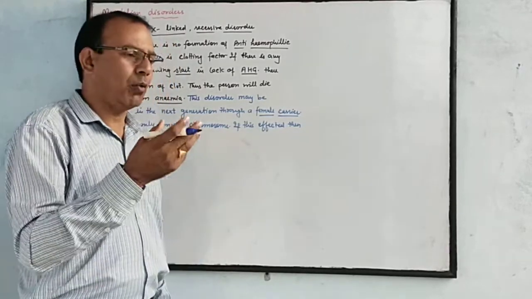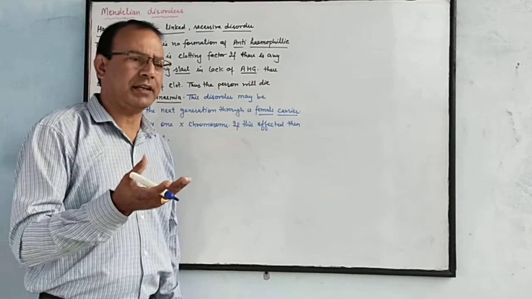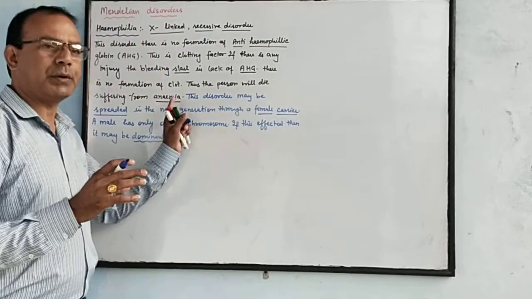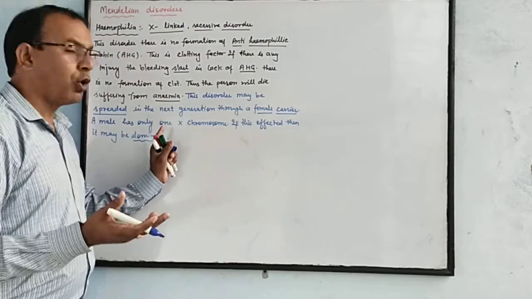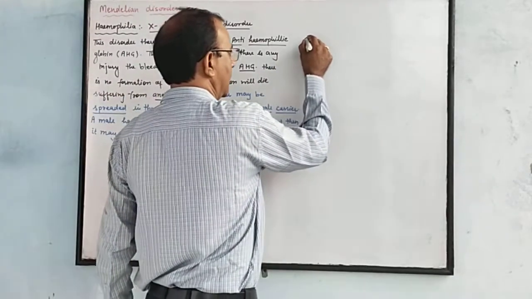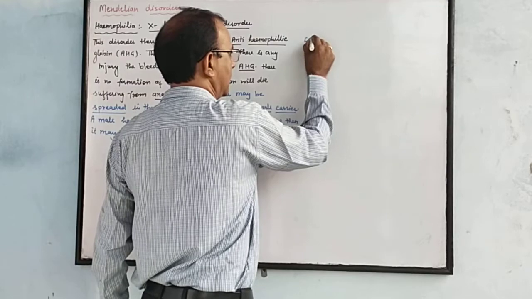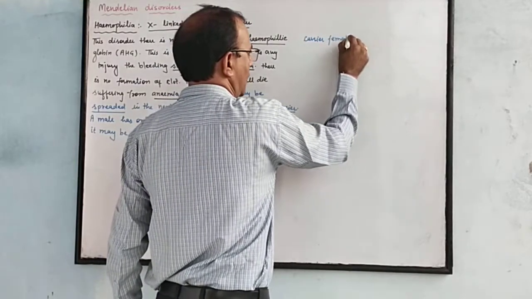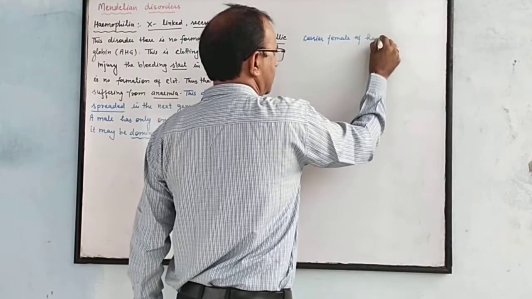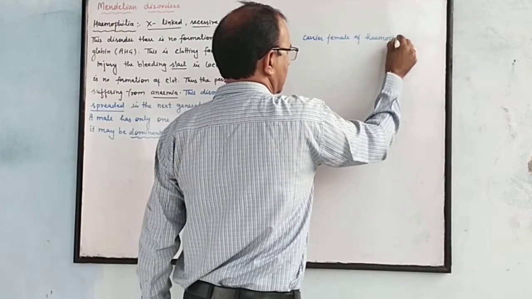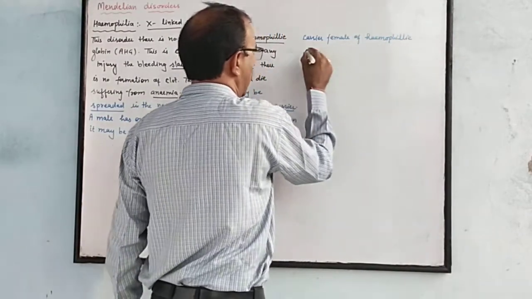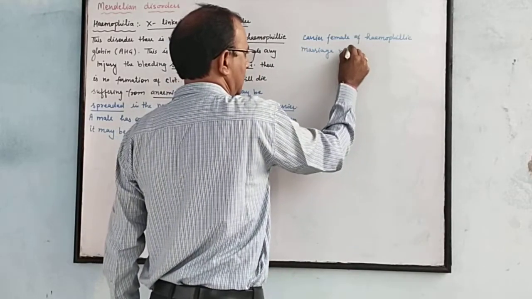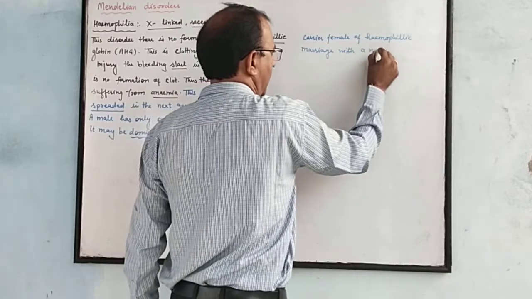Suppose we want to generate the pedigree chart of the progeny when a carrier female of hemophilia marries a normal man.